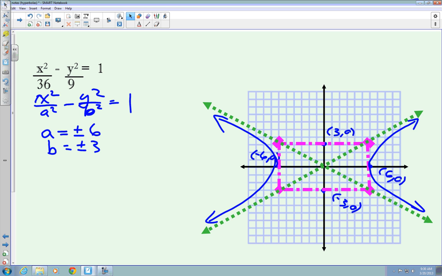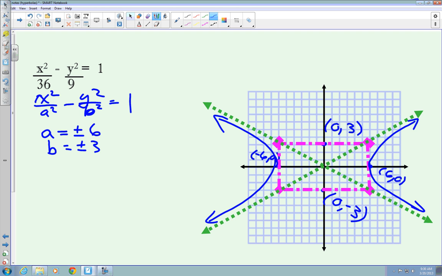Okay, now let's write down our important information. So we've got, yep, 0 and 3. Oh, yep. You're right. I wrote them backwards. I'll fix them. Should be 0, 3. Okay, I'm sort of confused.